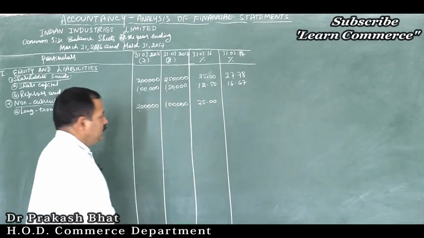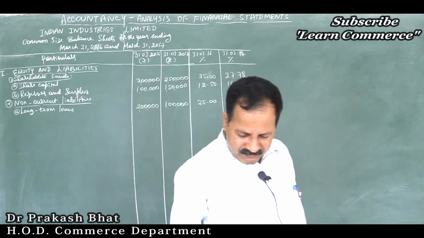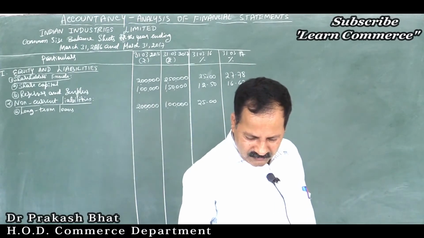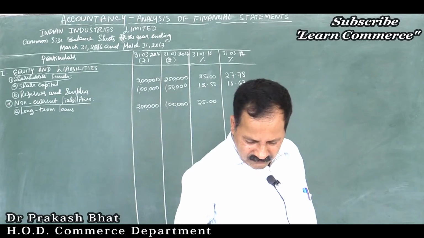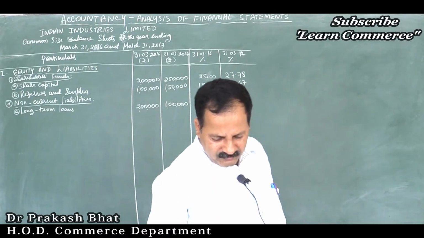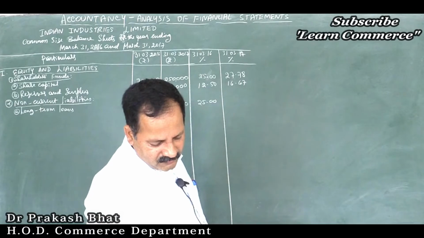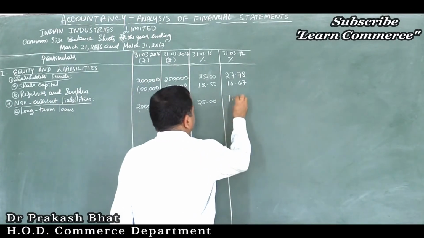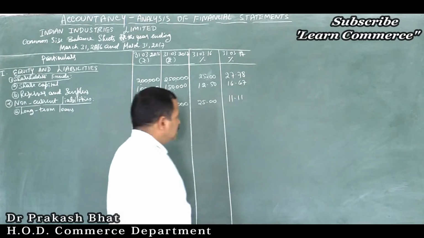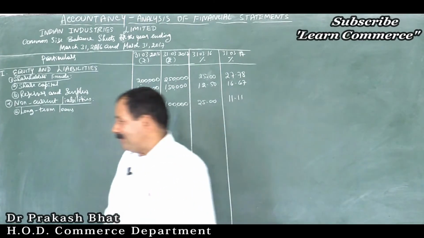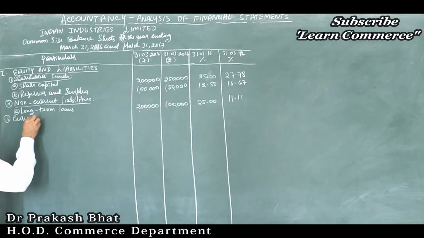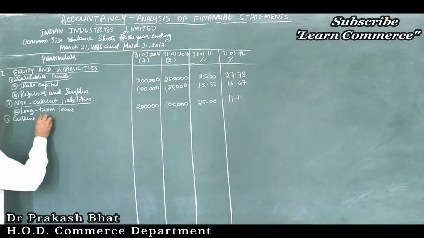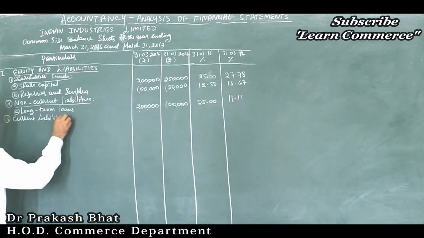Now 1 lakh: calculate 1 lakh into 100 divided by 9 lakh, which is equal to 11.11. Then comes the next one, current liabilities. Third one, current liabilities.